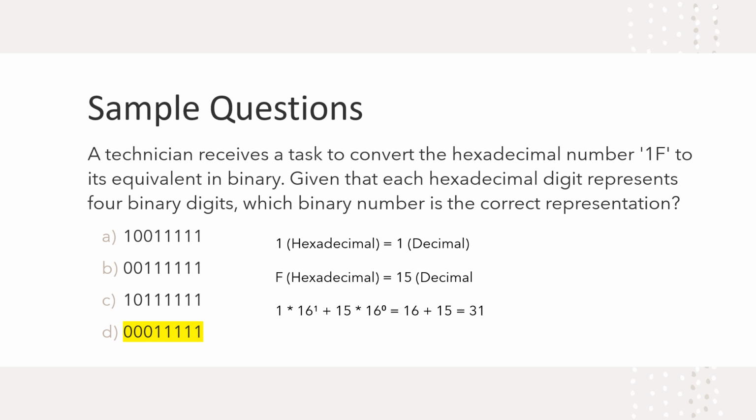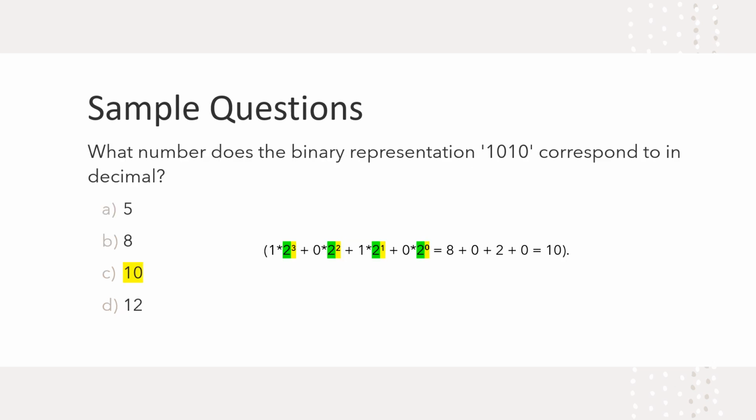All right, another example. What number does the binary representation of 1010 correspond to in decimal? Again, we have 1010. We know it's binary. We want to convert it to decimal, so we know that we're going to be using base 2.